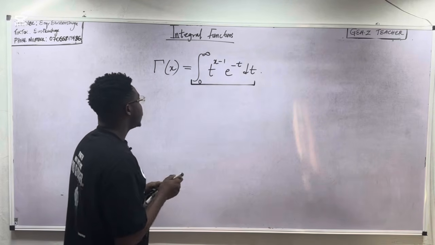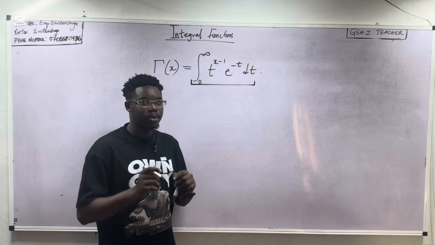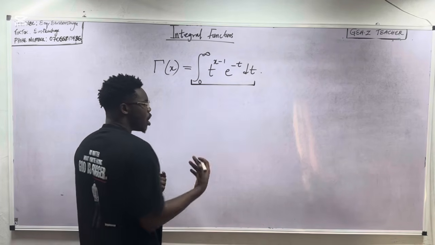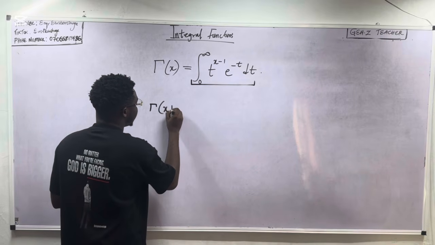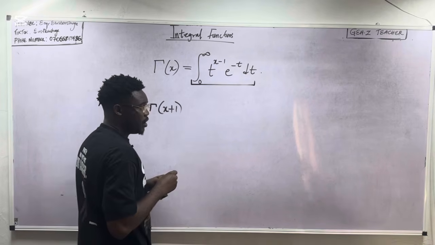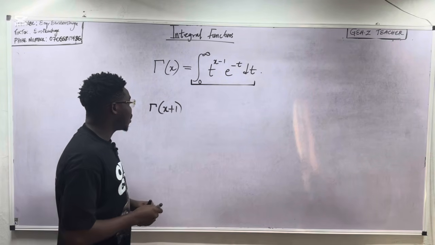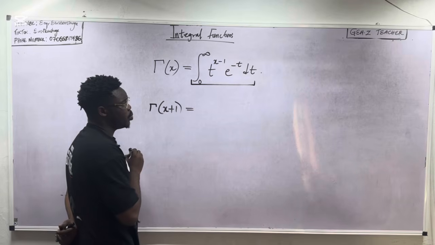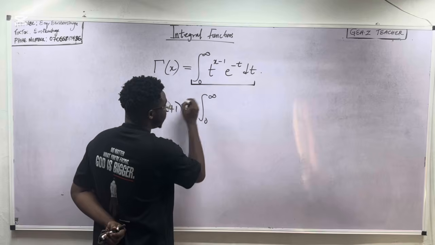Now quickly, for us to relate this to the factorial pattern, I'm going to do something quickly. If the gamma of x gives us this, how about we express the gamma of x plus 1? The gamma of x plus 1 is going to be equal to, again, the integral from 0 to infinity.